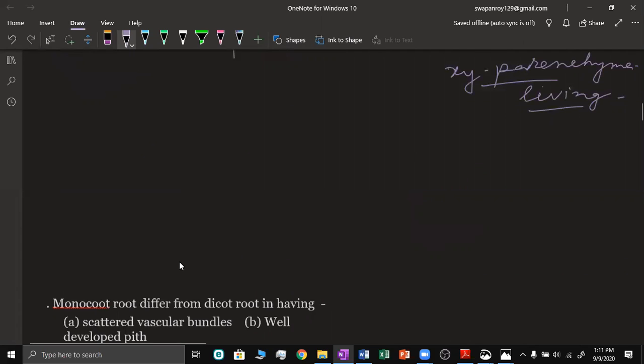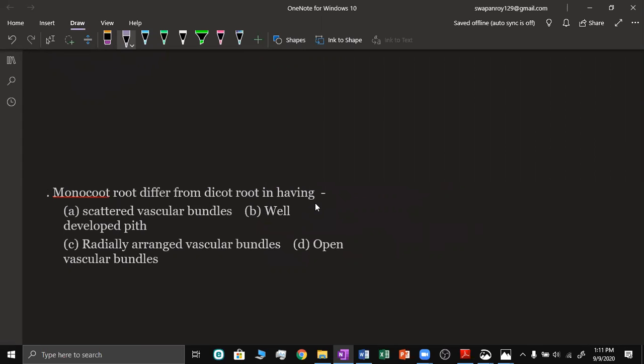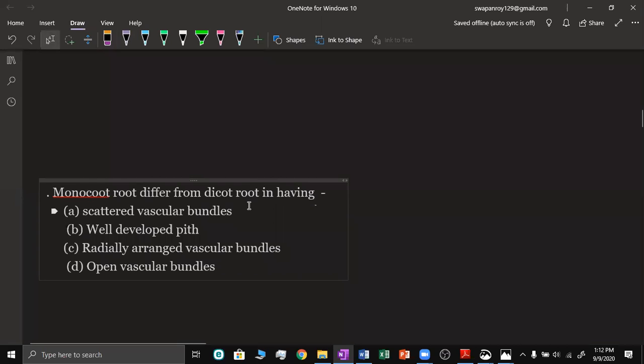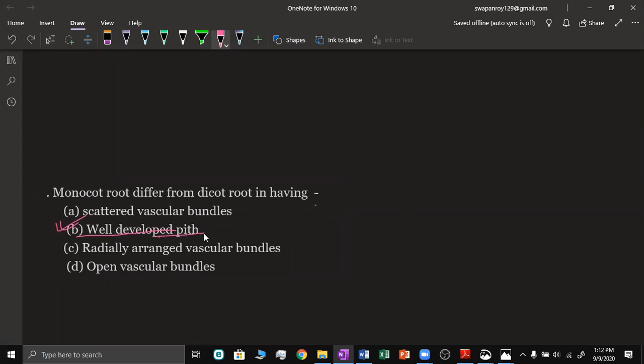Next is, monocot root differs from dicot root in having well-developed pith.